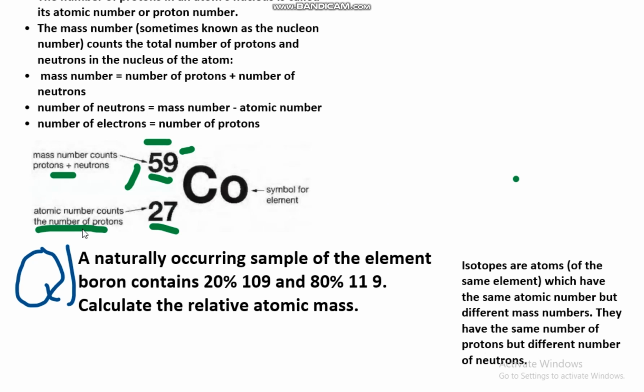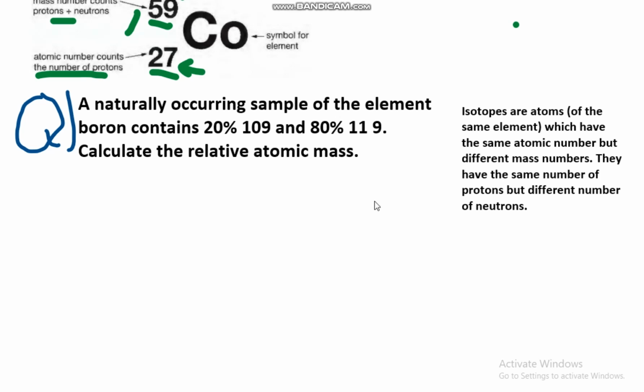So the atomic number equals the proton number, which means it remains the same, but the mass number changes. As the proton number is the same, the neutron number must be different. Then we'll have a calculation about finding the relative atomic mass of an element named boron.